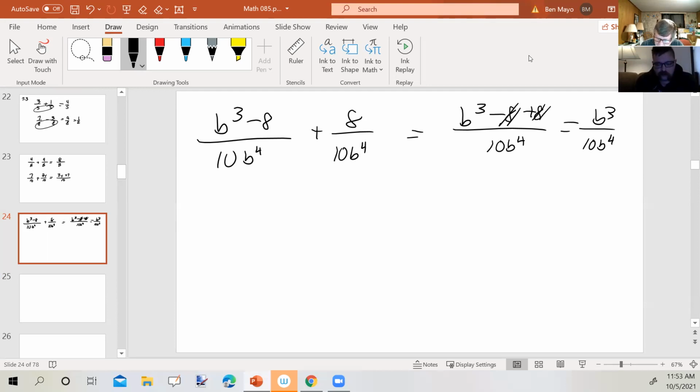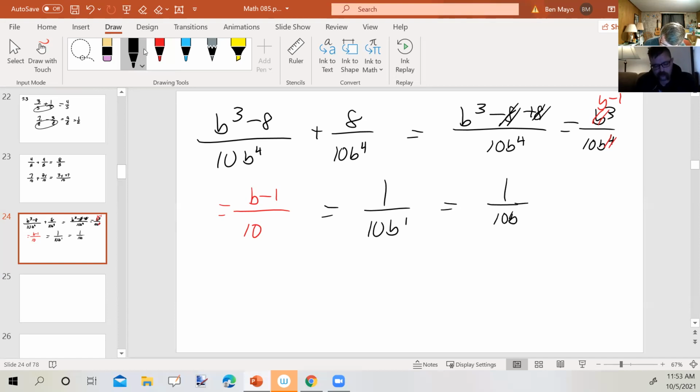But now we can reduce that down. b cubed over b to the 4th is b to the negative 1 over 10, which would be 1 over 10b to the positive 1, or just 1 over 10b.